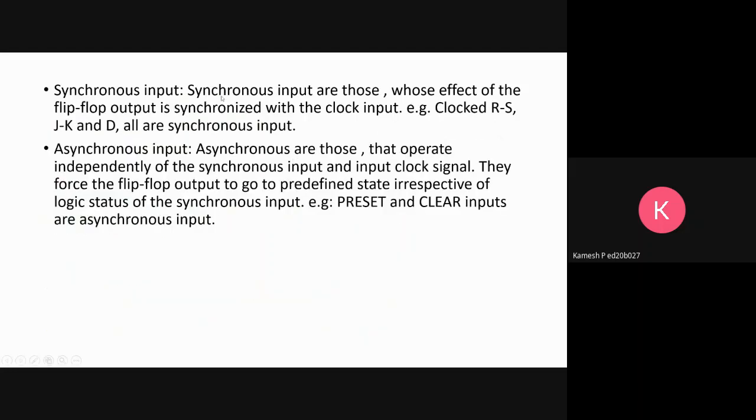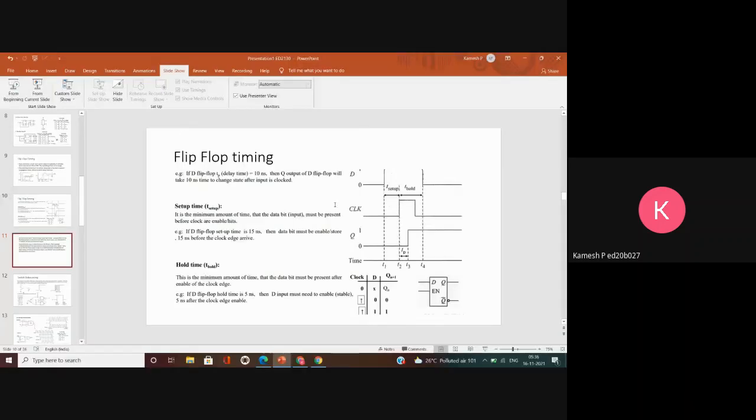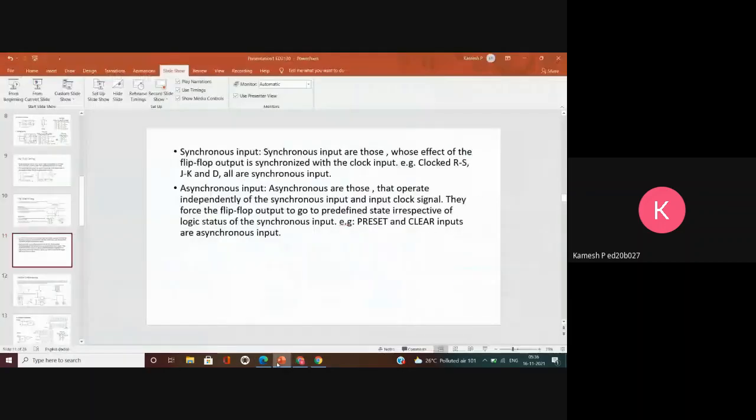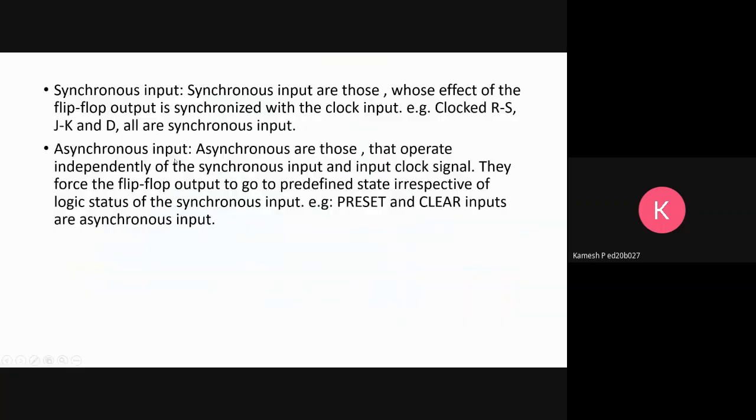And synchronous inputs are those whose effect on the flip flop output is synchronized with the clock input. And asynchronous inputs are those that operate independently of the synchronous input and the clock signal.